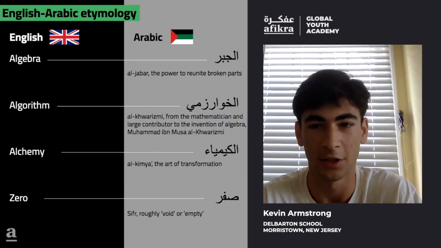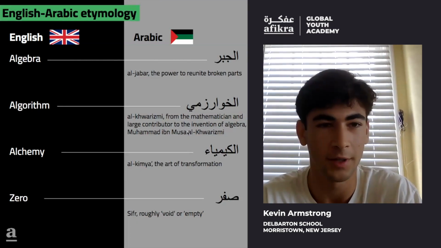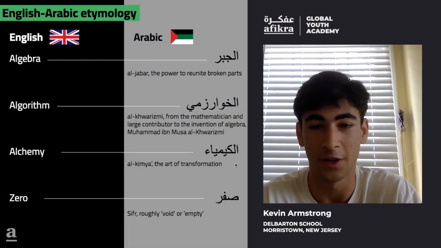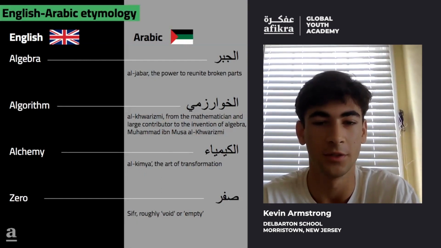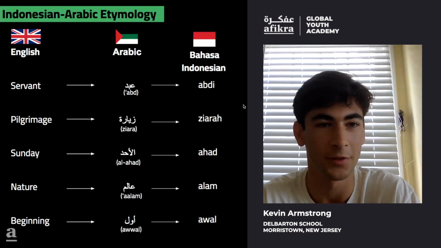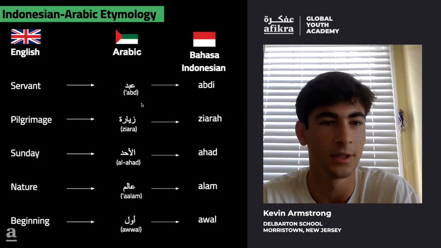I already covered algebra and al-Khwarizmi, but we also have alchemy, which comes from al-Kimiyya, which means the art of transformation. And zero comes from sifr in Arabic, which means zero or void or empty. Here's the Bahasa Indonesian language. Some other translations. Servant is abd in Arabic. Pilgrimage is ziyada.